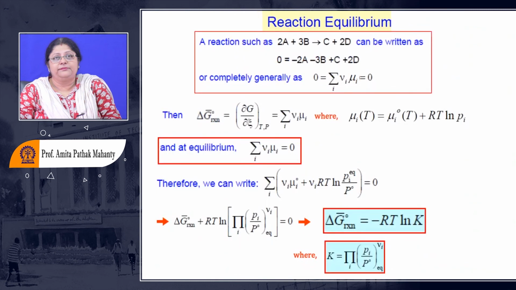So we can write that, and that will be equal to this one. This will come from the reaction, product minus the reactant. So this gives you the delta G reaction for the standard state, and if you sum over all the species of ln, you have the partial pressure of the ith species by P naught raised to the power of the stoichiometric coefficient of each of the species at equilibrium.